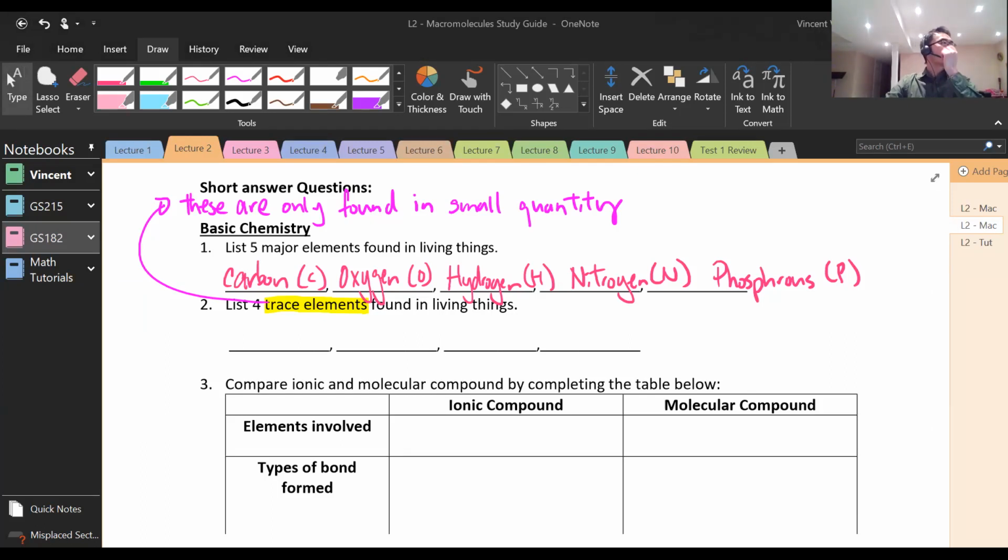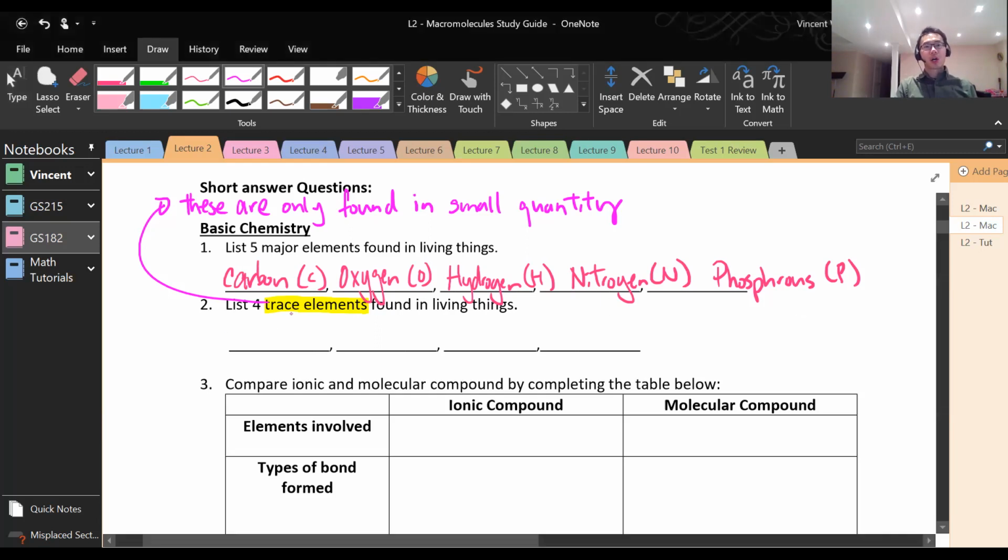According to Google, phosphorus is about 1% of your body mass. So not a lot, certainly not as much as carbon and oxygen and hydrogen, because phosphorus is primarily found in your DNA.